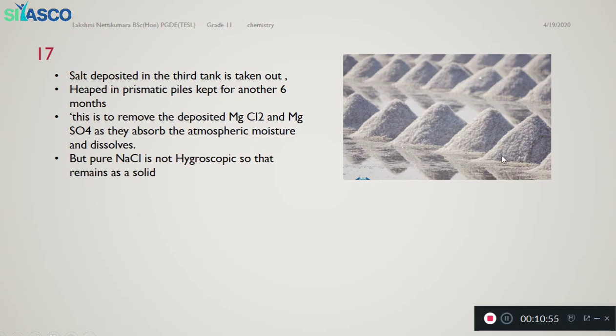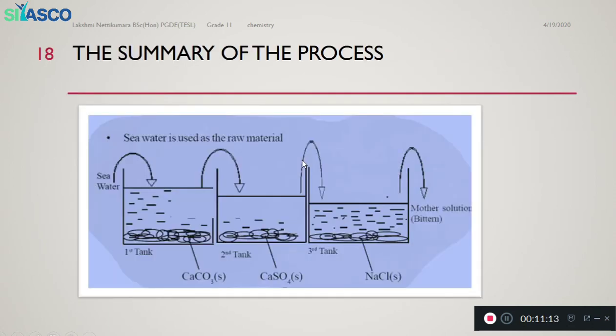Only sodium chloride remains, because sodium chloride won't absorb atmospheric moisture. That means it is not hygroscopic. It remains as a solid. Now we can get pure sodium chloride.